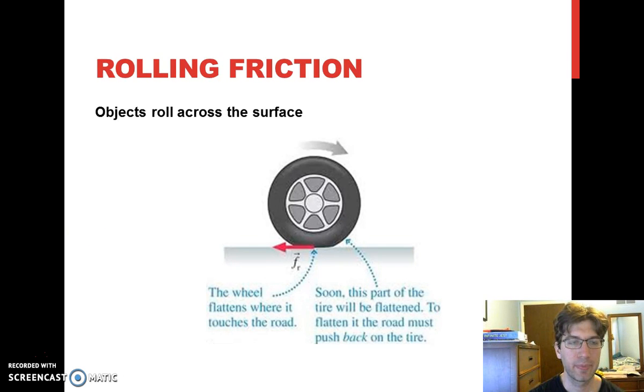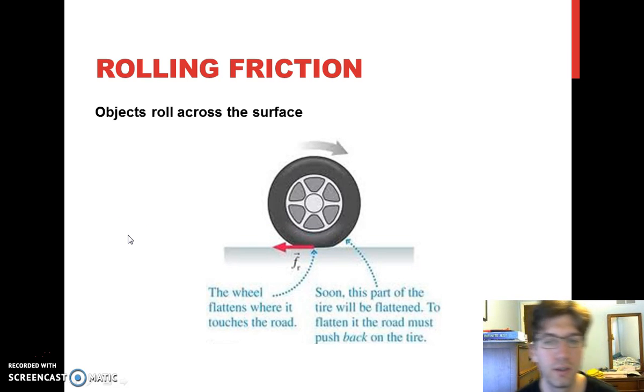Rolling friction is going to be when you have wheels involved. Again, it's pretty much the same thing as sliding friction, but in this case, our one surface is kind of rounded like a wheel. Here, the force is being exerted where the tire hits the actual ground. With air-filled tires, the tire will be flattened out in order to increase the grip as that happens.